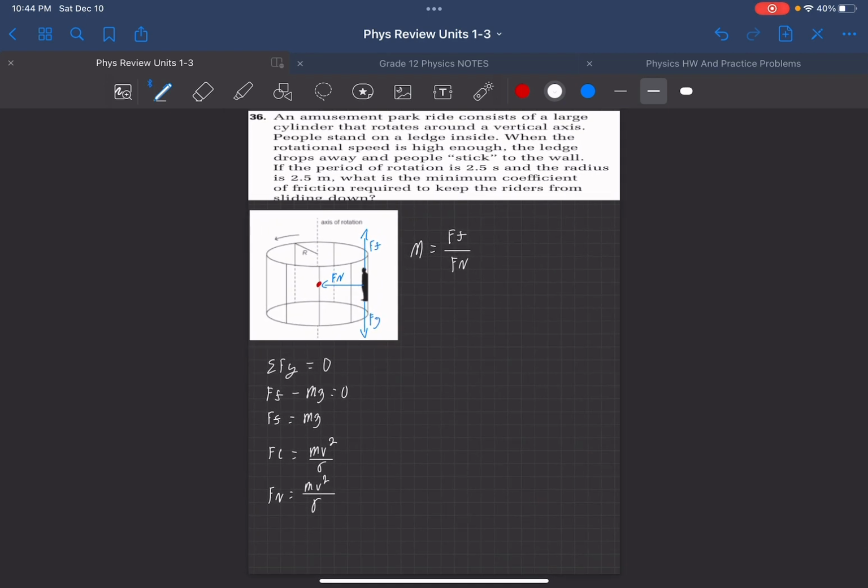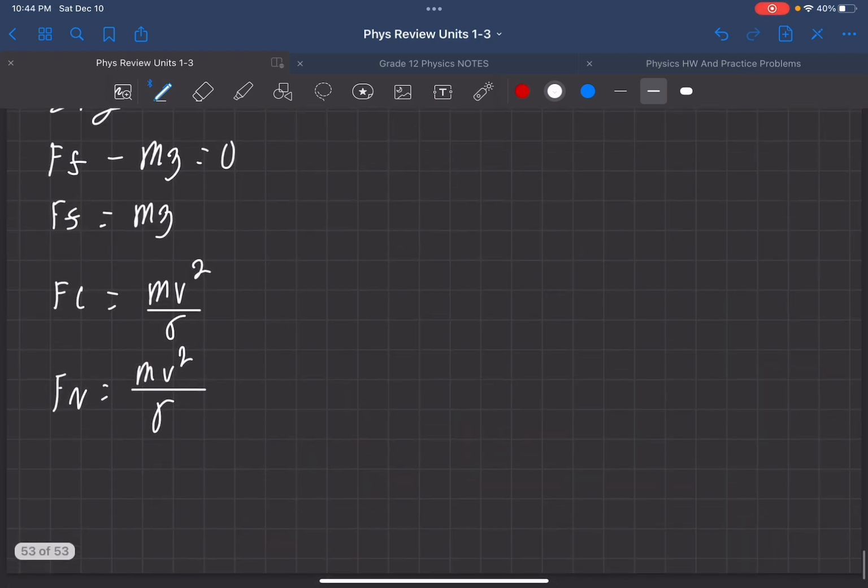However, we do have an expanded version of this centripetal force, that being the one that includes the period, and we have the period, that is 2.5 seconds, so we can use that version of the centripetal force. So Fn equals m 4 pi squared r all over T squared.